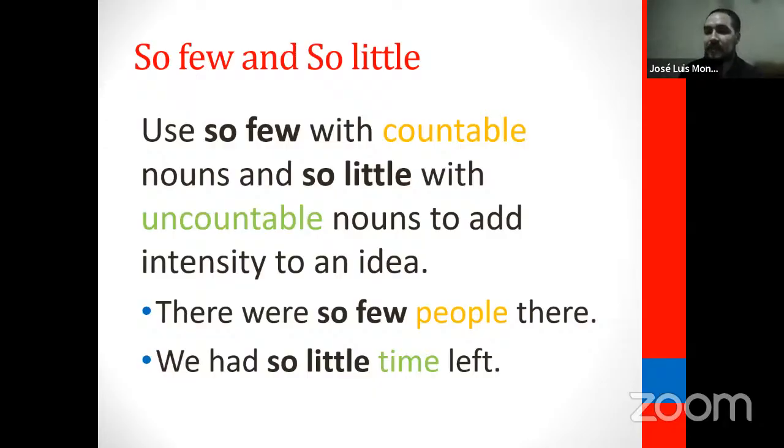How can you complement that? We had so little information of our new neighborhood. Okay, yes, it's good, but it's better if you use about. About our new neighborhood. Great.